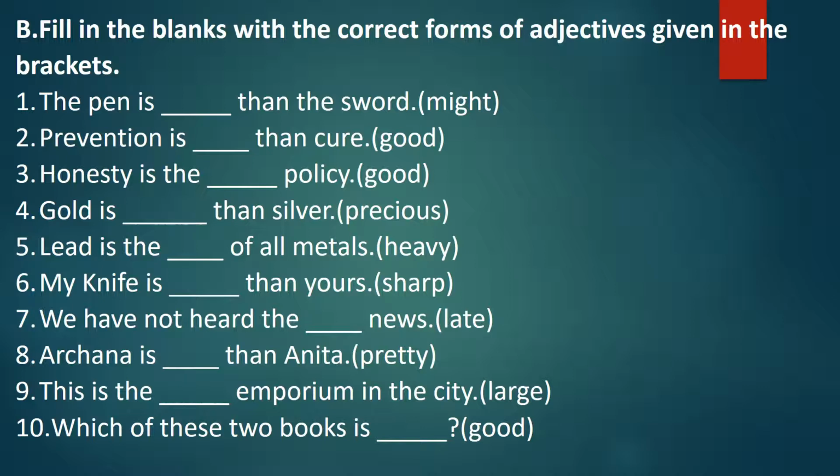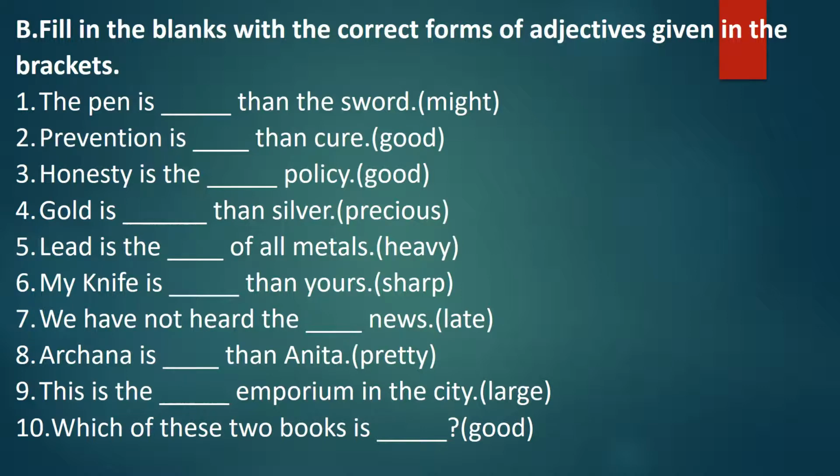Understood? My knife is dash than yours. We are comparing two knives, my knife and your knife. So the comparative degree of sharp will come, that is, my knife is sharper than yours. We have not heard the dash news, late.